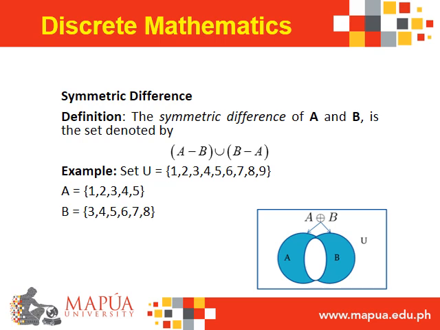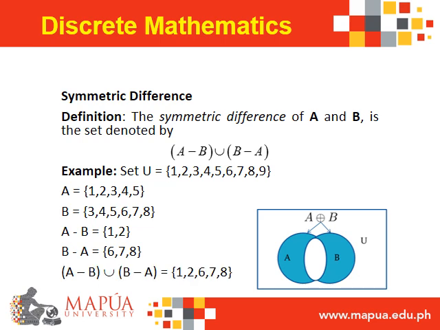The symmetric difference of A and B now would contain the difference of A minus B, which involves the elements 1 and 2, and the difference of B minus A, which involves the values 6, 7, and 8. Therefore, the union of these corresponding differences would mean your symmetric difference, containing the values 1, 2, 6, 7, and 8.